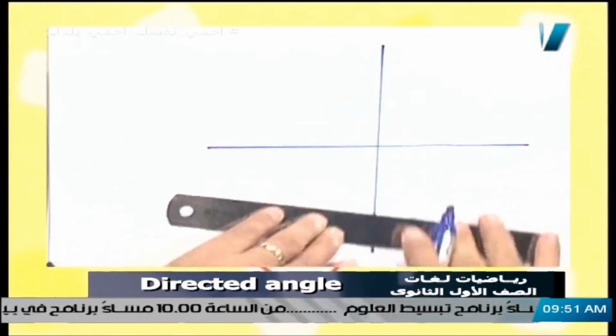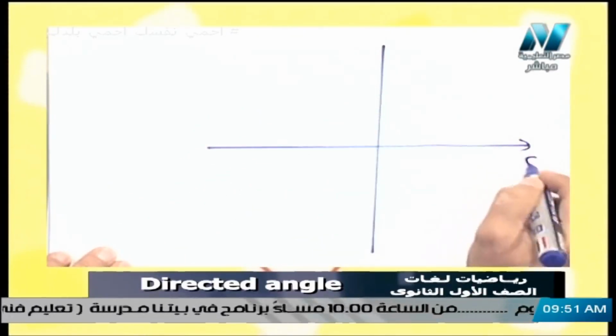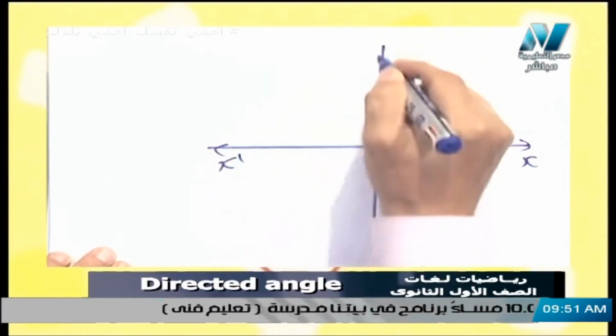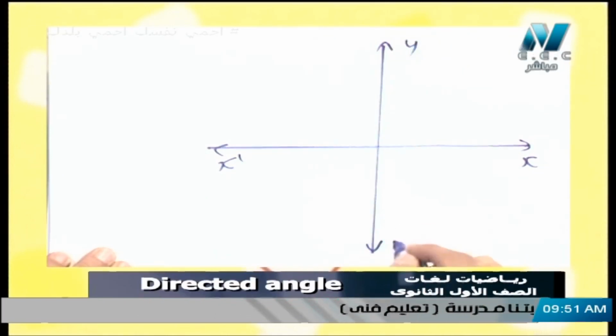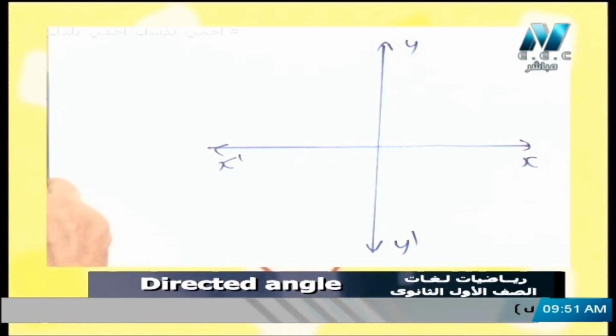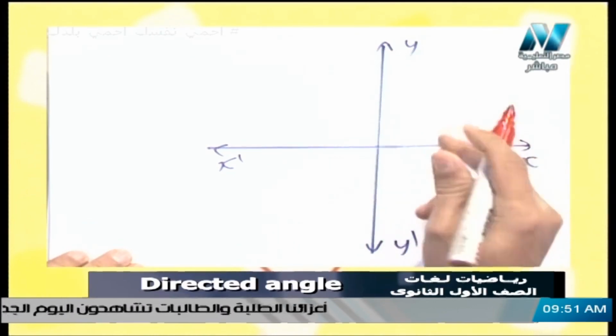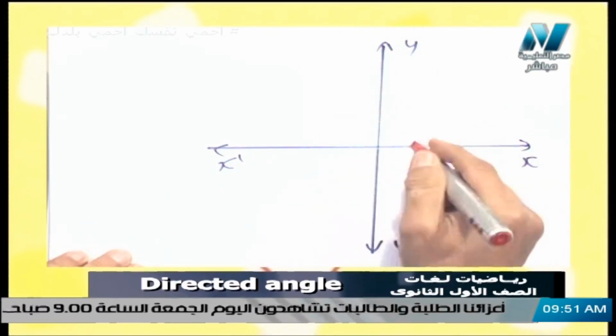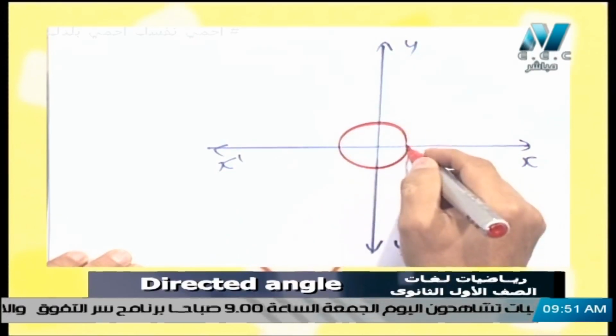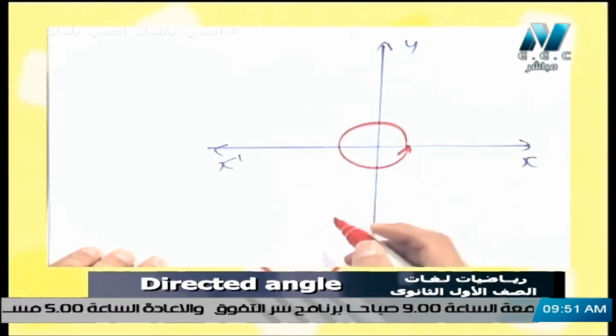So if we have the x-axis and the y-axis like that, x dash, y dash, we divide these 360 degrees here into 4 equal parts.